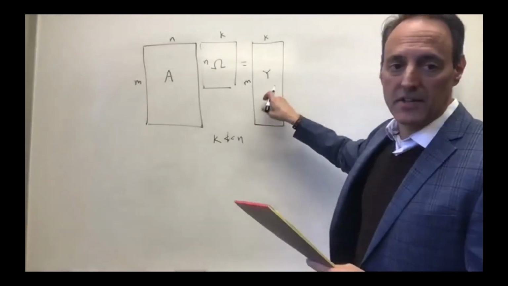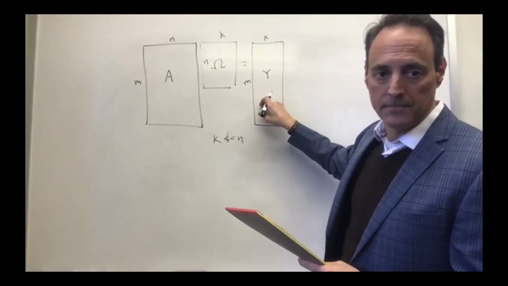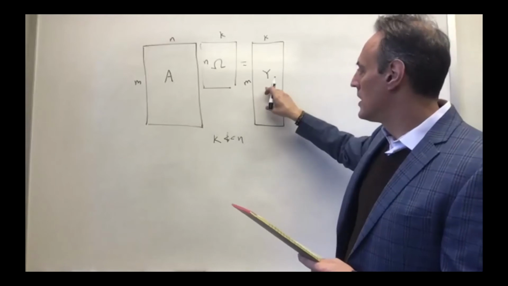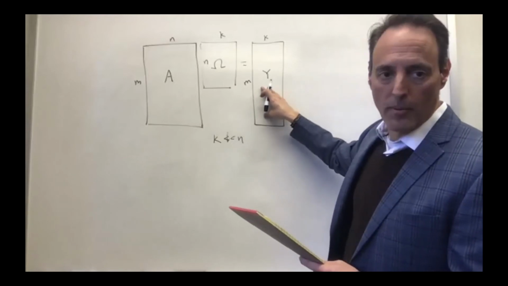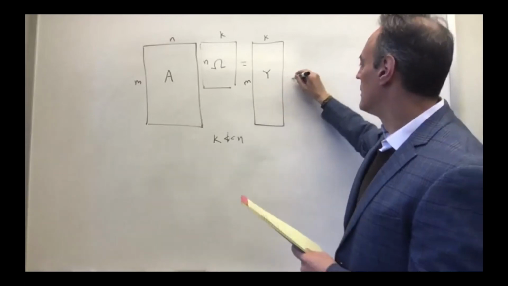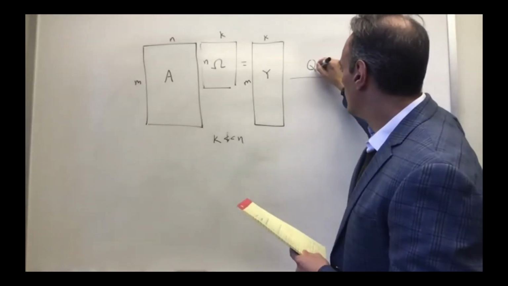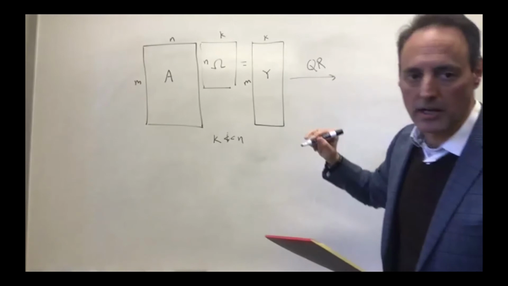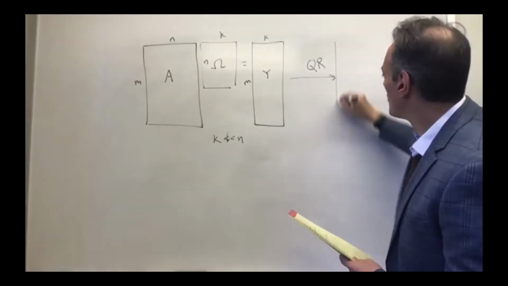Once I get this matrix Y, what I'm going to do is create an orthonormal basis for the column space. That's pretty easy to do because that's exactly what QR does. So you're going to QR decompose this.